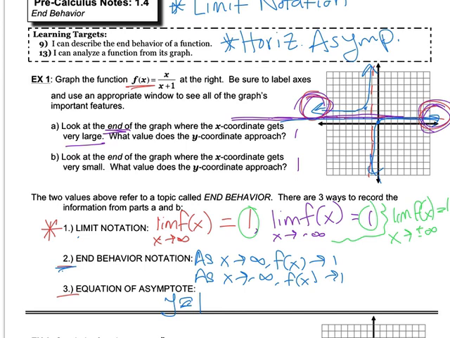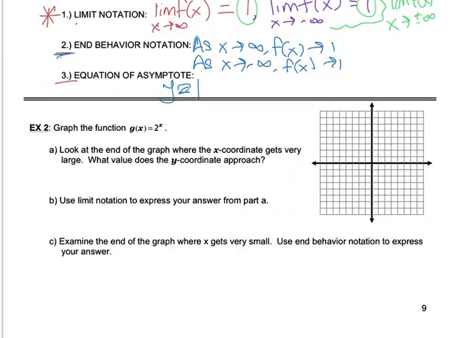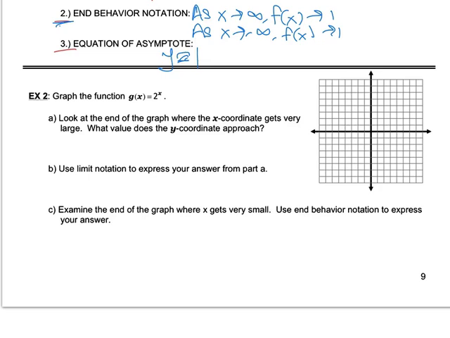Okay, moving on to the next example. We're just going to practice what we just talked about. So graph this function on your graphing calculator and then sketch it over here to the right. When you see the graph of this function, you'll see that it looks like it's actually resting on the x-axis, but it's not. It's just very close, and then it gets larger and larger. Actually, that's not totally accurate.